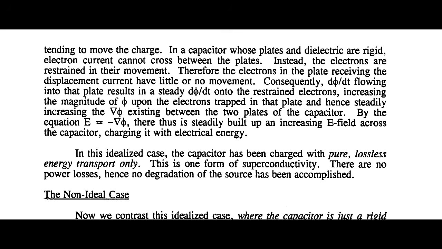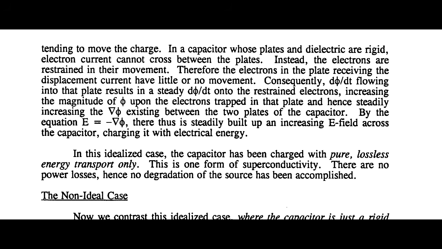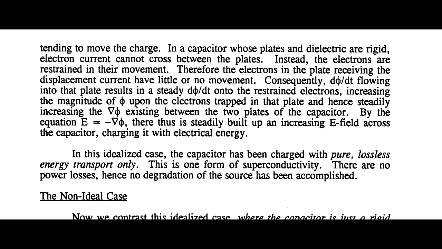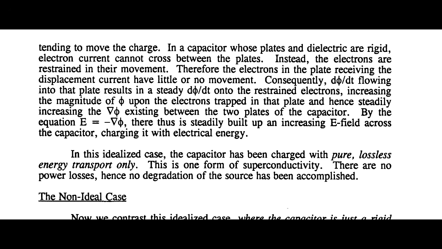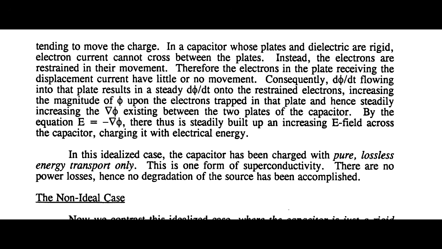In a capacitor whose plates and dielectric are rigid, electron current cannot cross between the plates. Instead, the electrons are restrained in their movement. Therefore, the electrons in the plate receiving the displacement current have little or no movement.